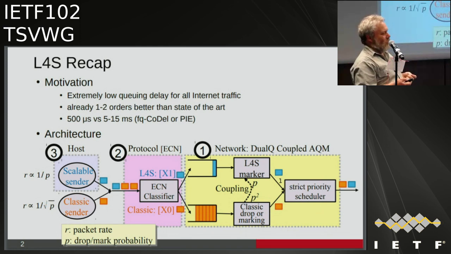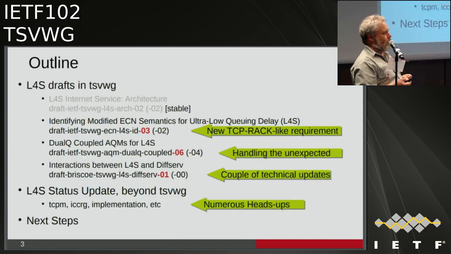Okay, I won't go into any more detail on that, other than to say there's a network part, a host part, and a protocol in between based on the ECN field for the two to know which packets are which. Right, this is an outline of the whole talk. Drafts I'm going to talk about today. Not going to talk about the architecture, which is stable and hasn't changed. There's two other working group drafts, one on the identifier, identifying the ECN field, which is the ECT1 code point.